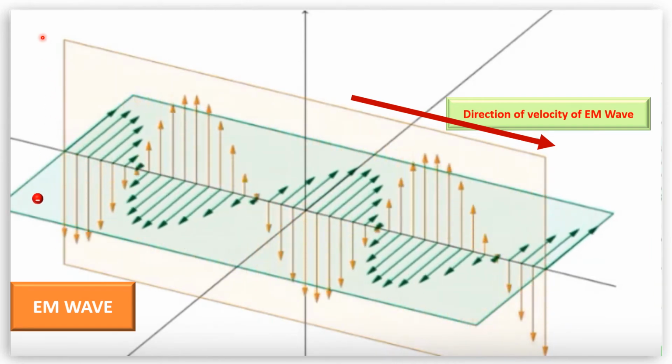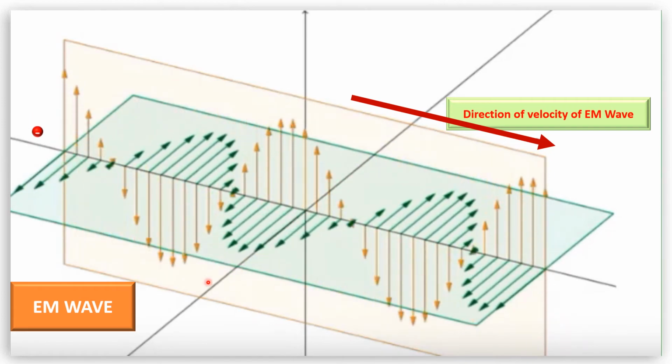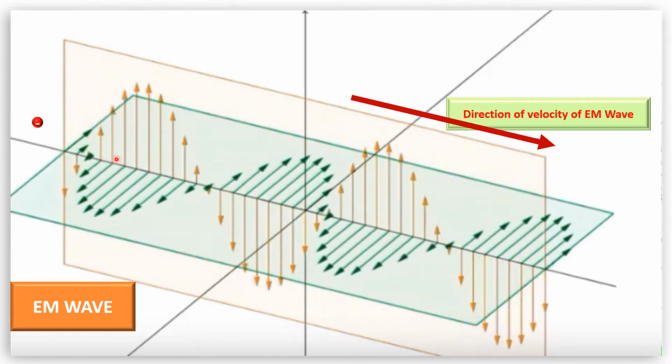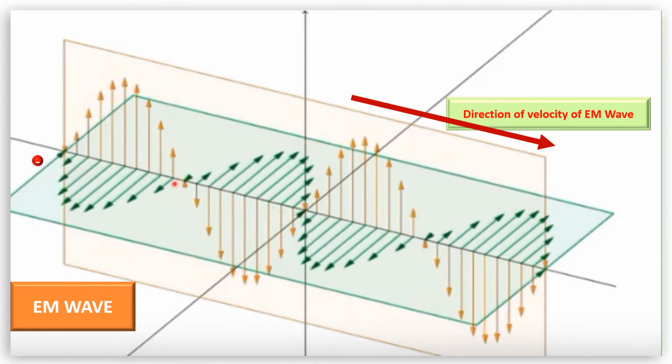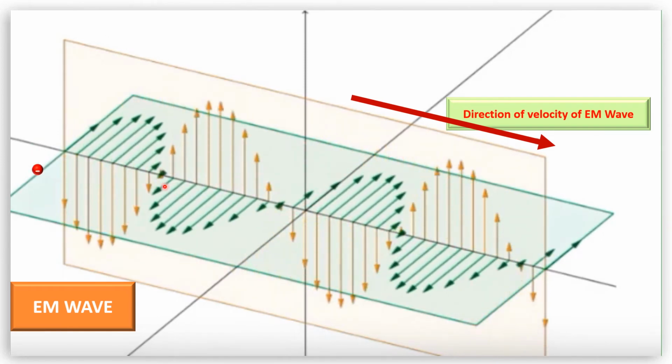So at this point only electric charge is vibrating, and in the entire space here no particle vibrates physically. Only electric field and magnetic field are changing.